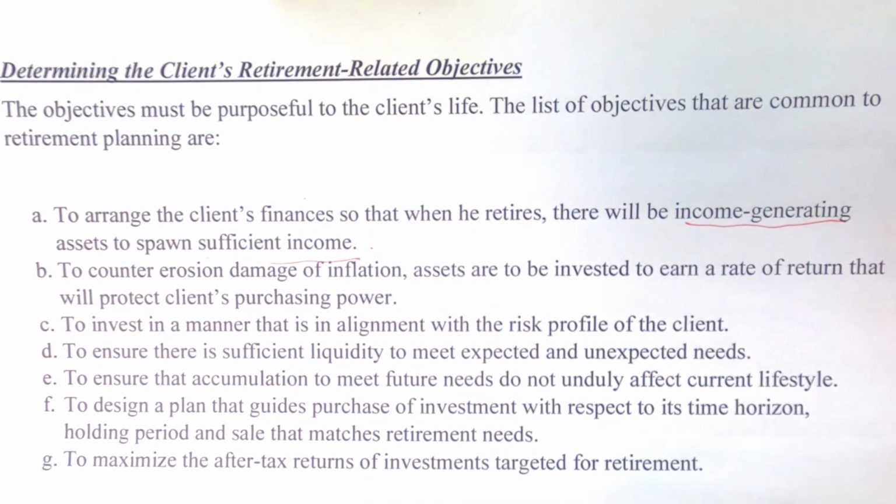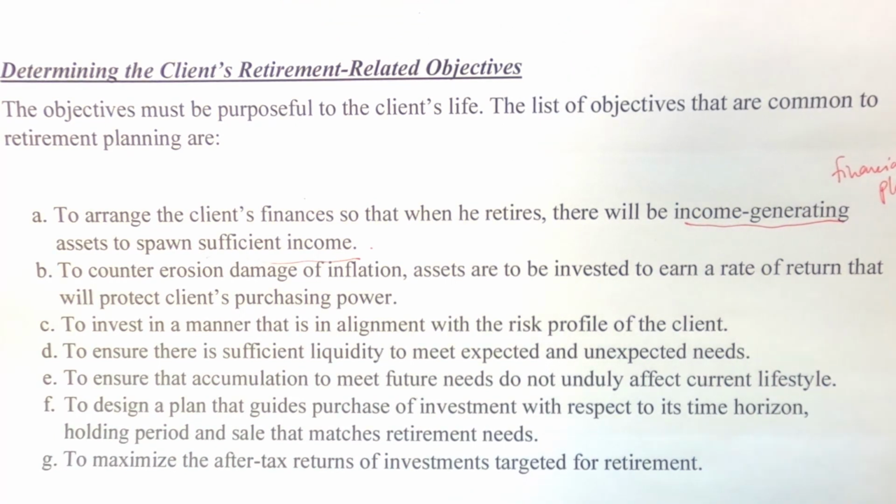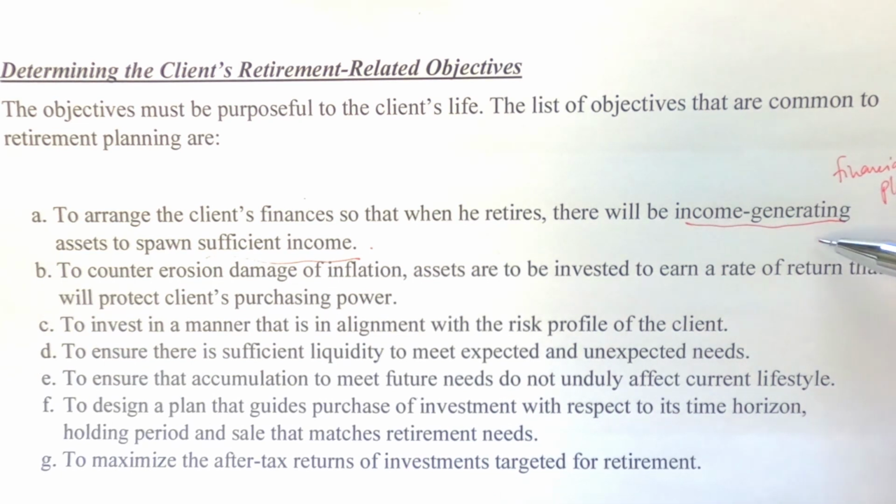So this is part of the responsibility of the financial planner, where once we discuss retirement objectives with our clients, this is also something that we need to encompass in our discussion, where the aim is basically to have our client be income generating.